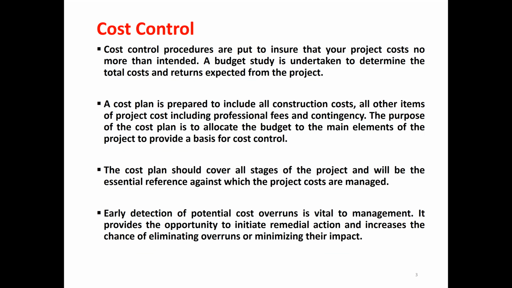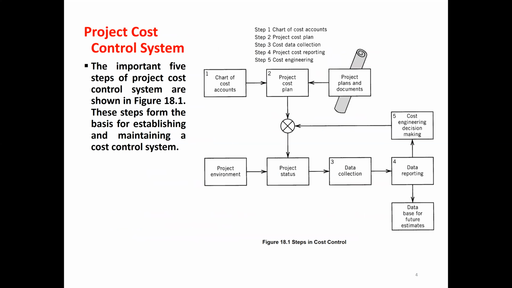So if there are deviations or the project is away from the track, we are going to bring the project back on track, so that the project does not overrun or go beyond the cost limits. And the impact should be under control. So with these simple things, we'll move forward.